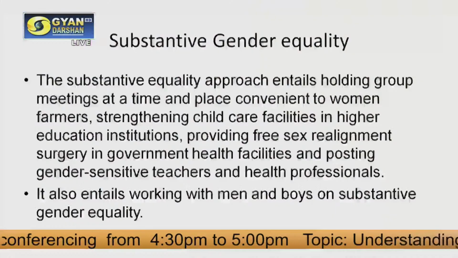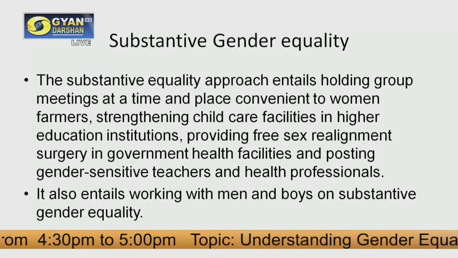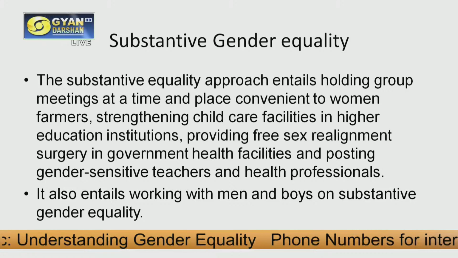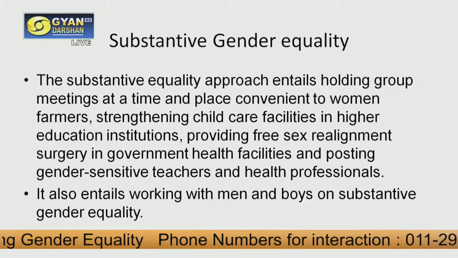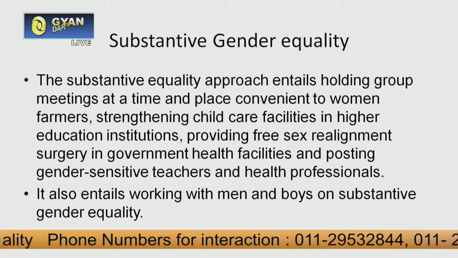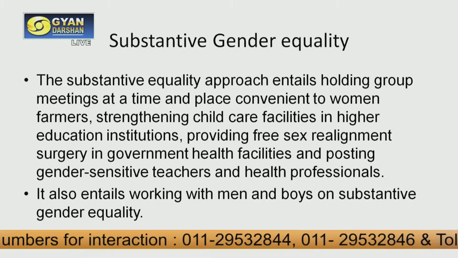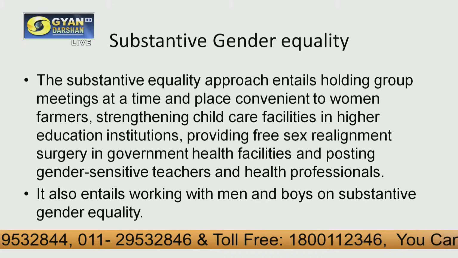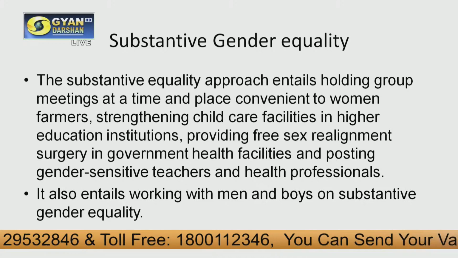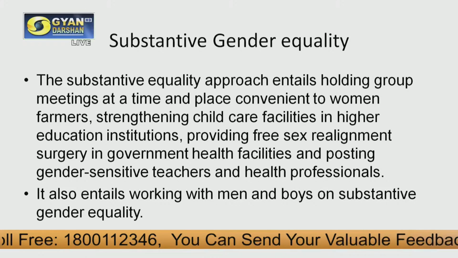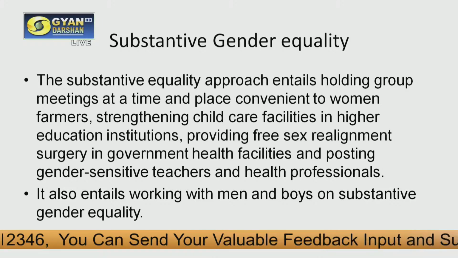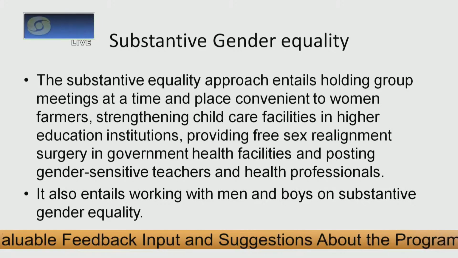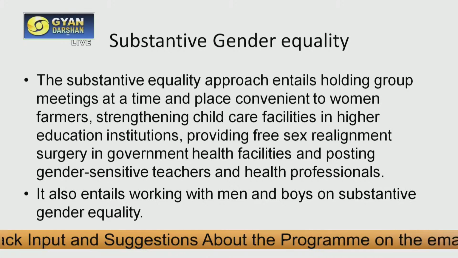Substantive equality approach entitles holding group meetings at a time and place convenient to women farmers. When you talk about formal equality, the same example can explain both formal and substantive equality. In formal equality, we consider farmers as a group. We are considering male and female farmers in the same manner. So when we conduct a meeting, without considering the existing differences between male and female farmers, we may conduct it during the daytime.